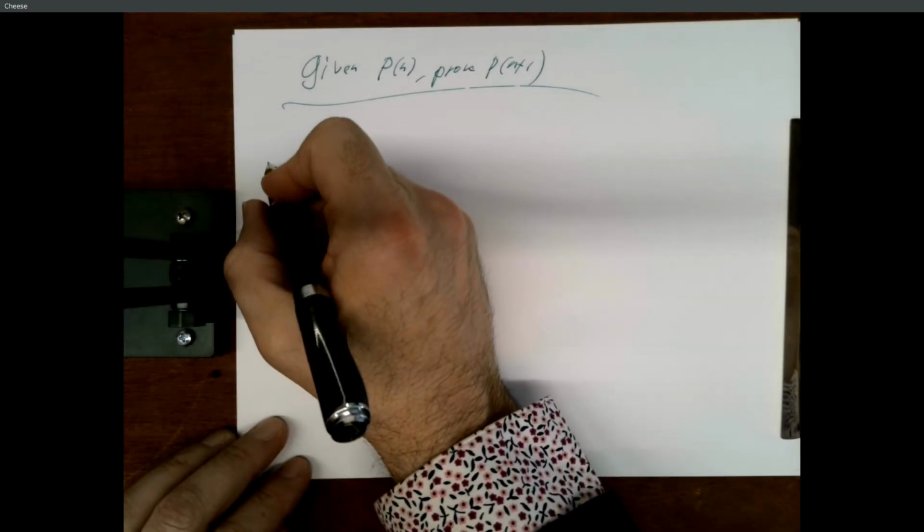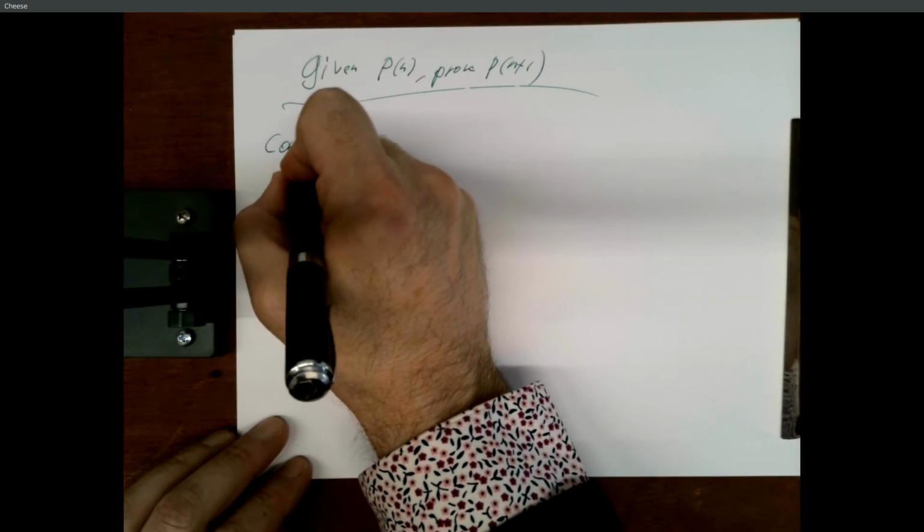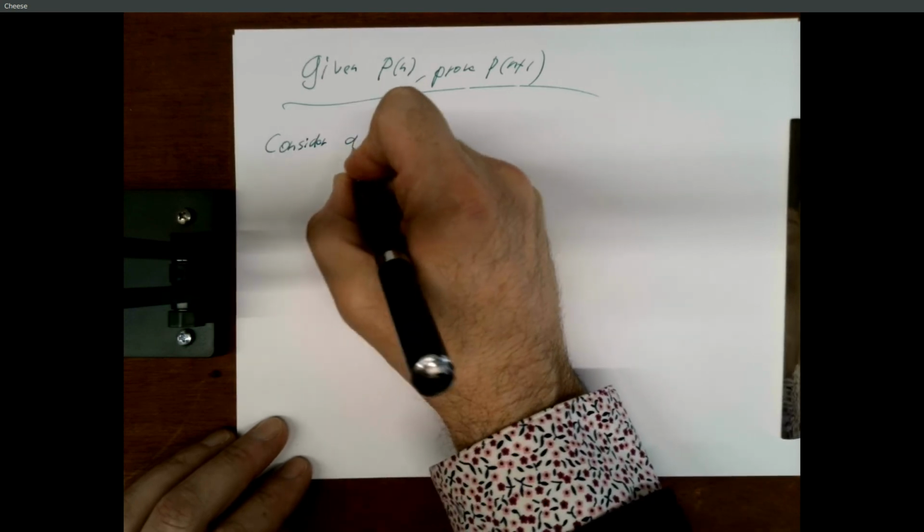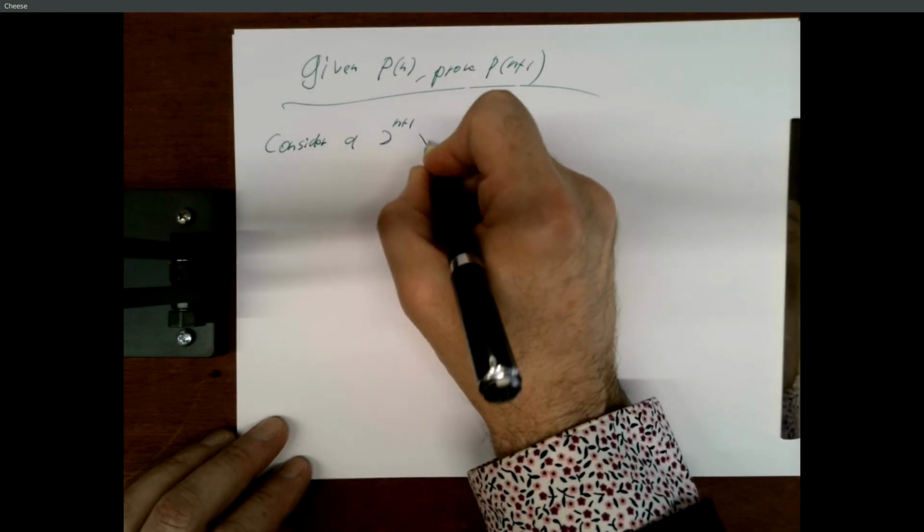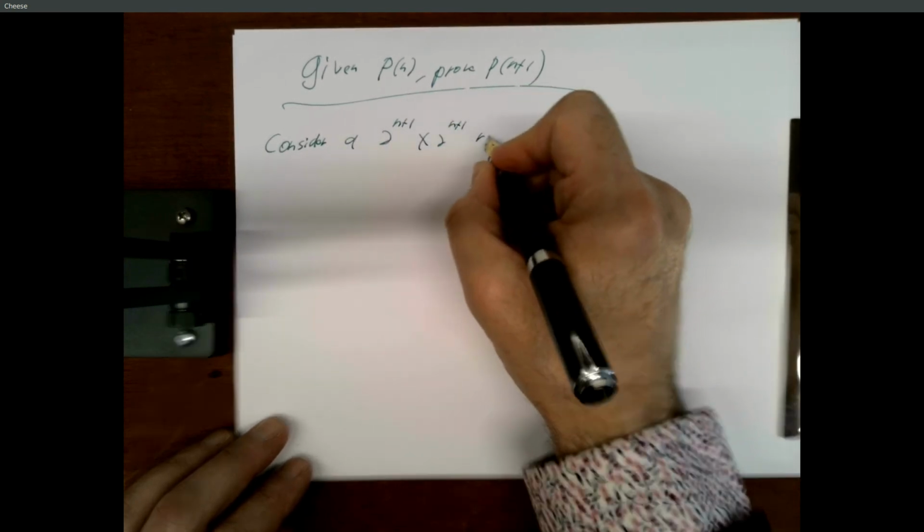Okay, so consider a 2 to the n plus 1 by 2 to the n plus 1 room.